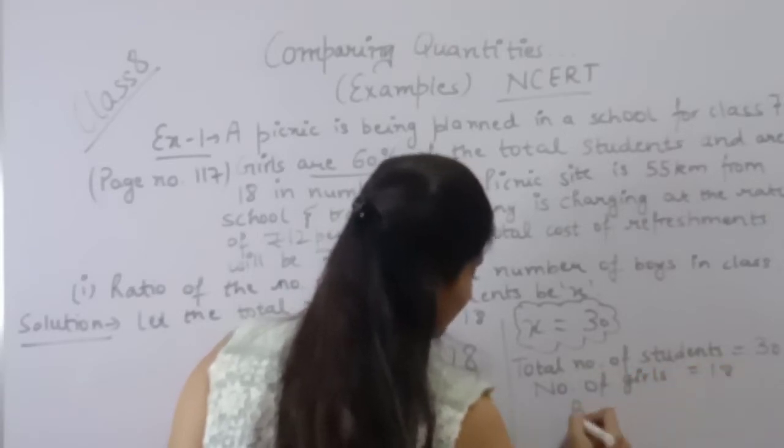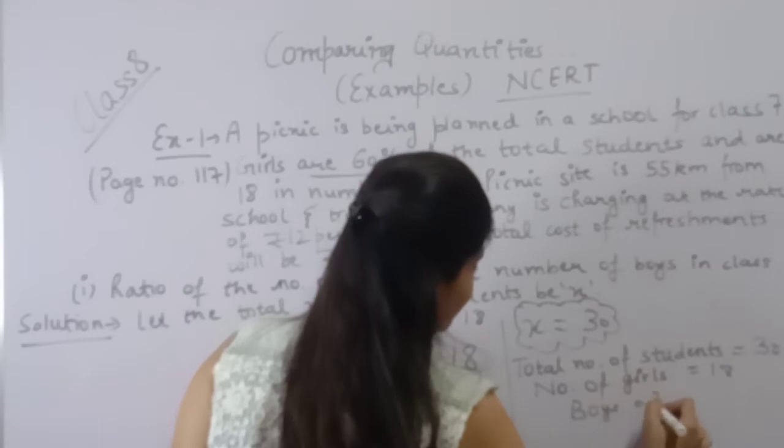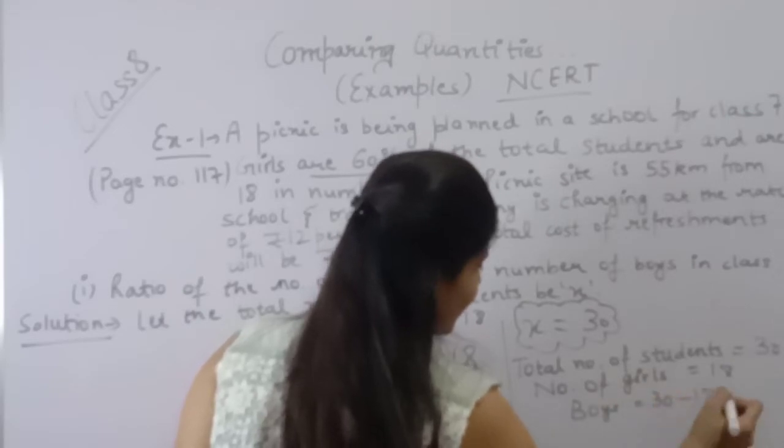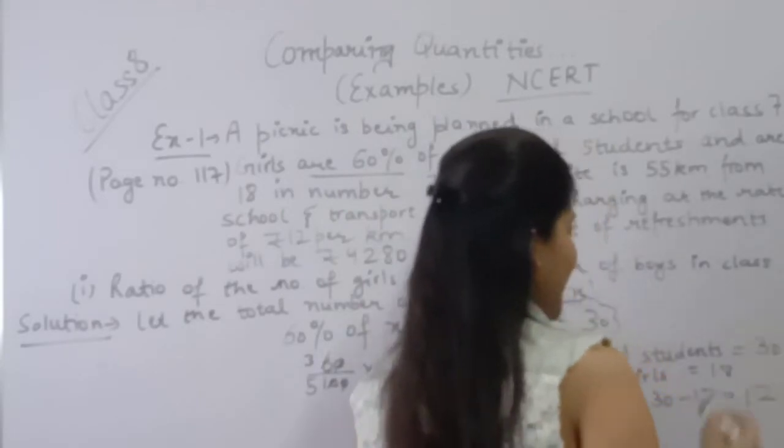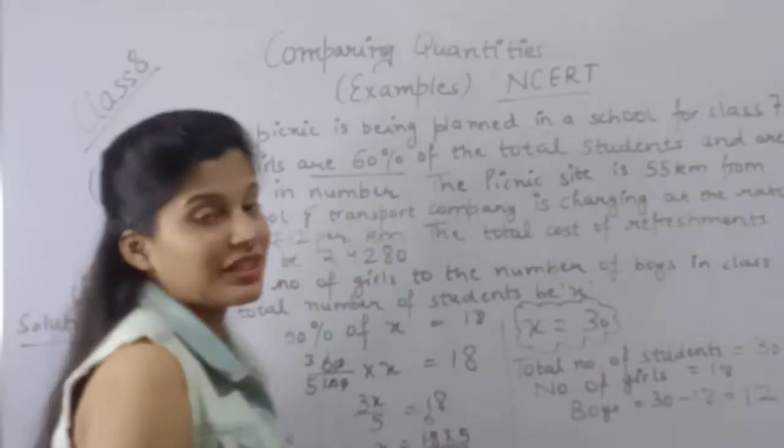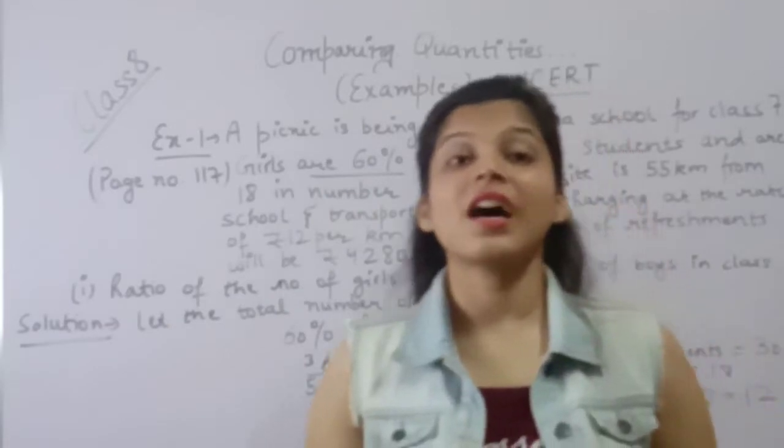So boys equals 30 minus 18, which will give us 12. So it means number of girls are 18 and number of boys are 12.